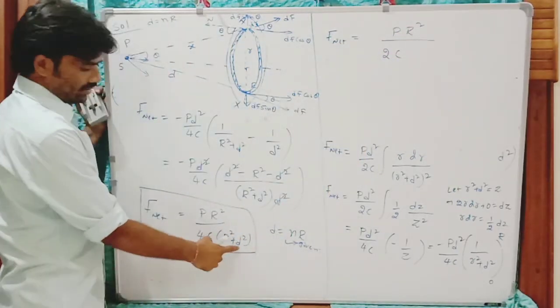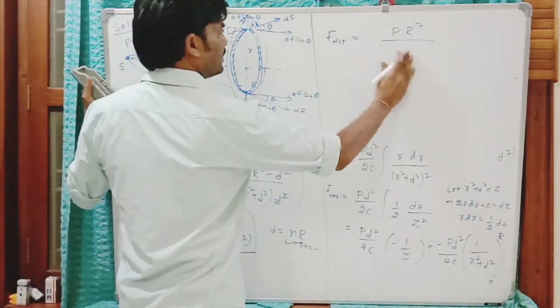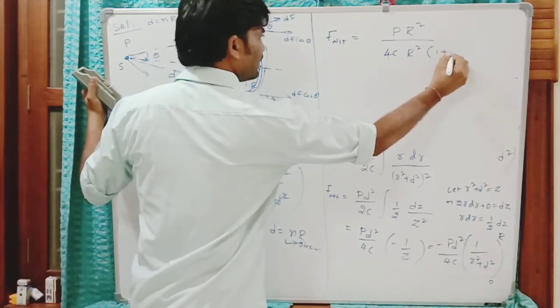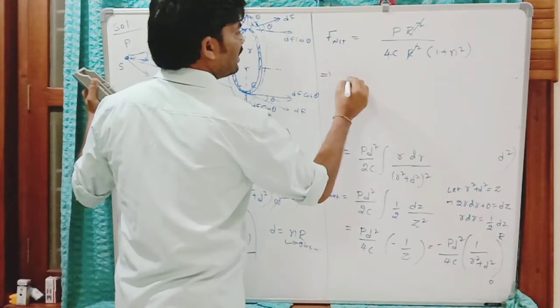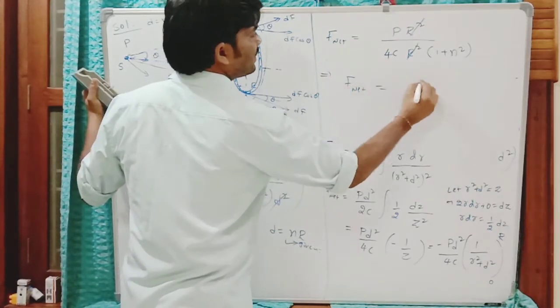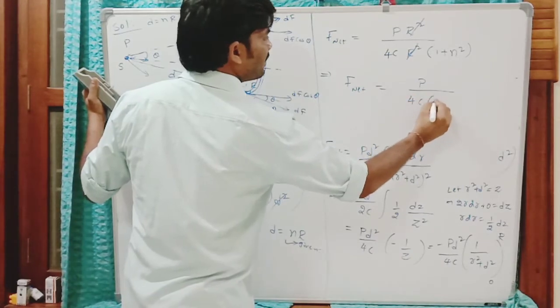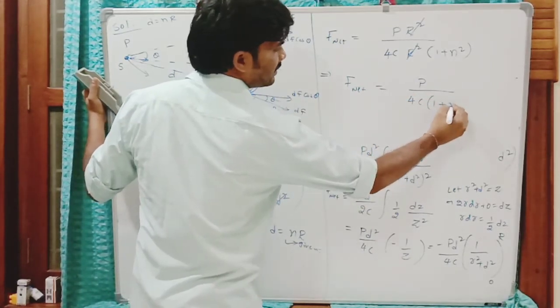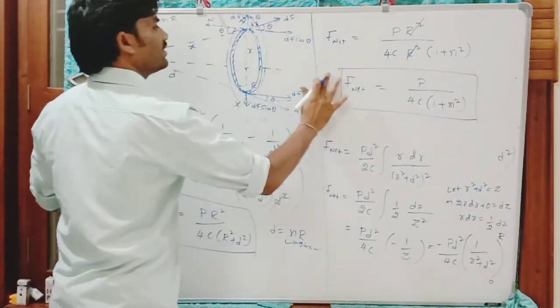This is what? n square R square. Take R square common, this is 4c, R square common, you will have 1 plus n square, R square cancels. So the net force acting on the disk is P by 4c of 1 plus n square. This is the equation.